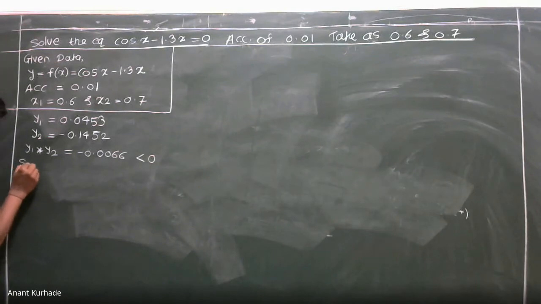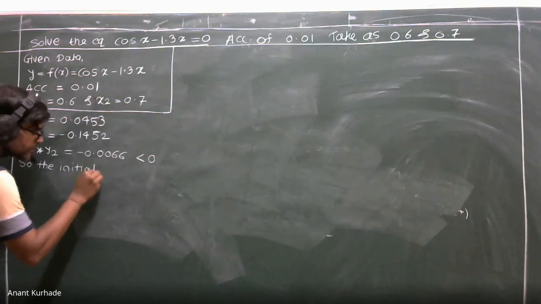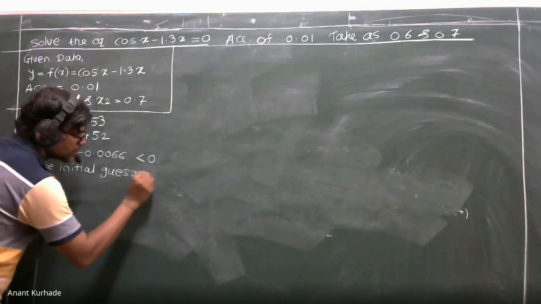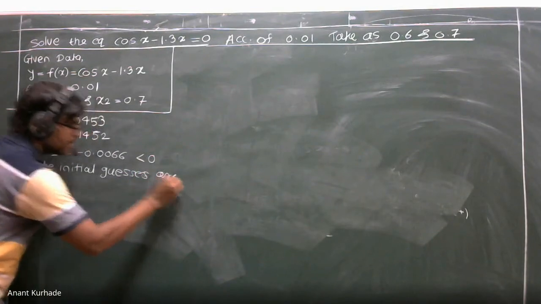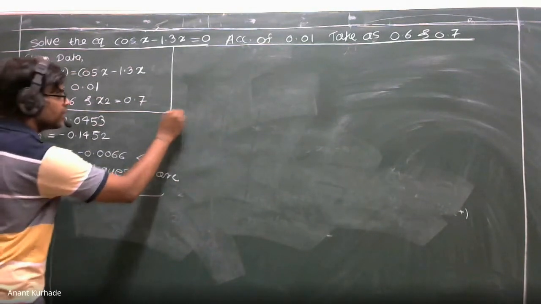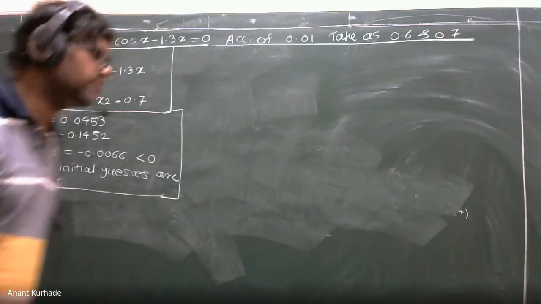So you can write, so the initial guesses are correct. Okay, this part is the conversion condition. How can we check the conversion condition?